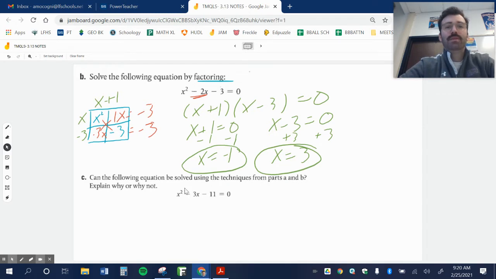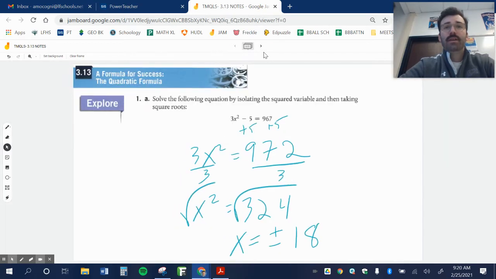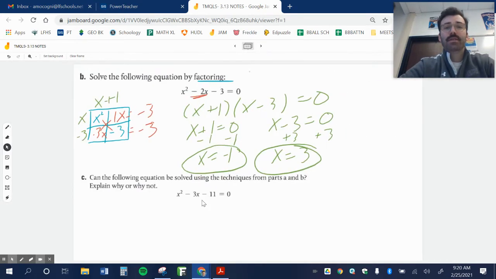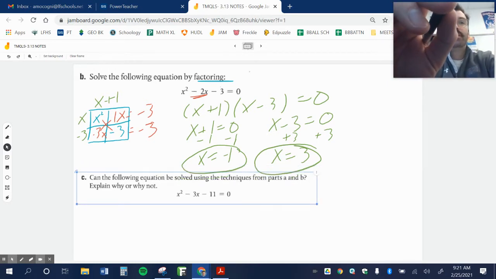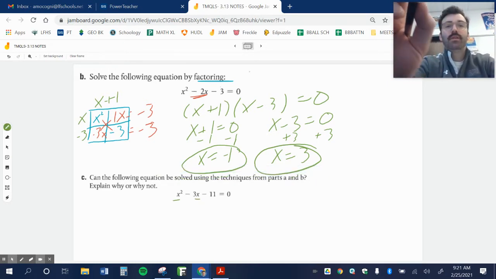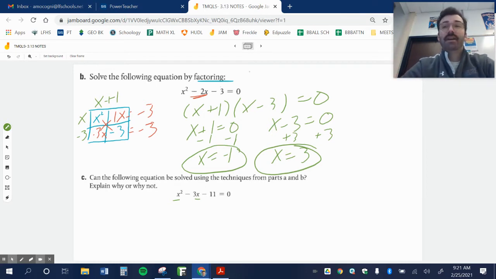Can the following equation be solved using techniques from A and B? First of all, I can tell that I cannot solve using the technique from part A because there is an x term and a squared term here. So my only other option is to factor it.